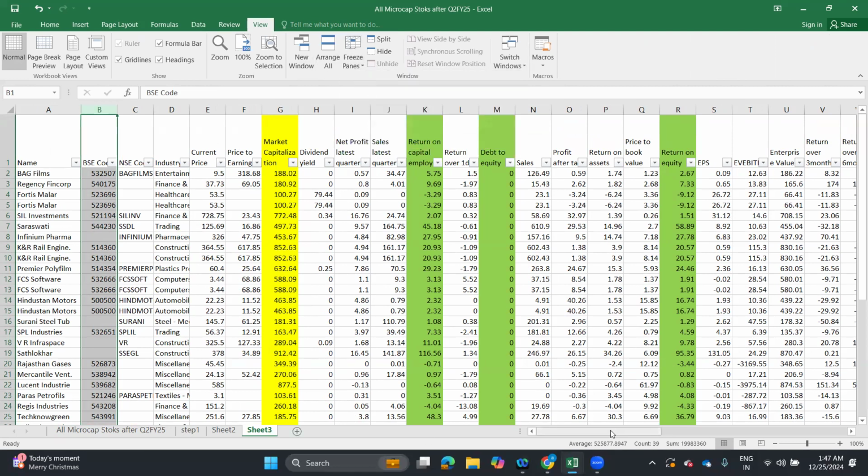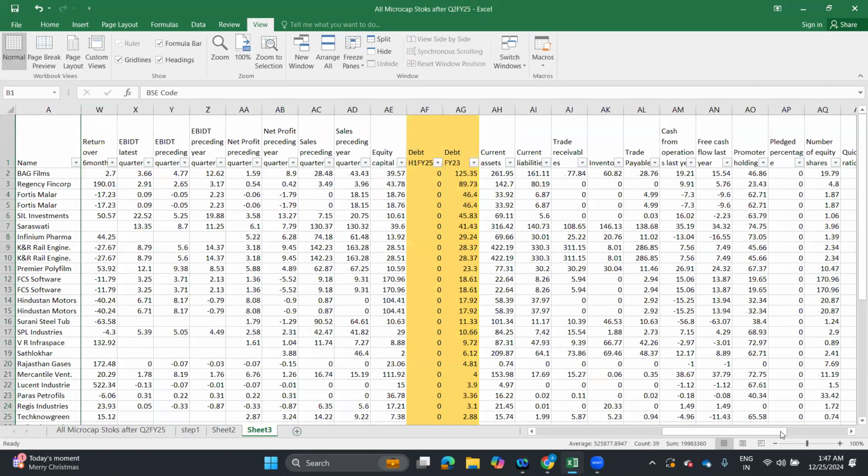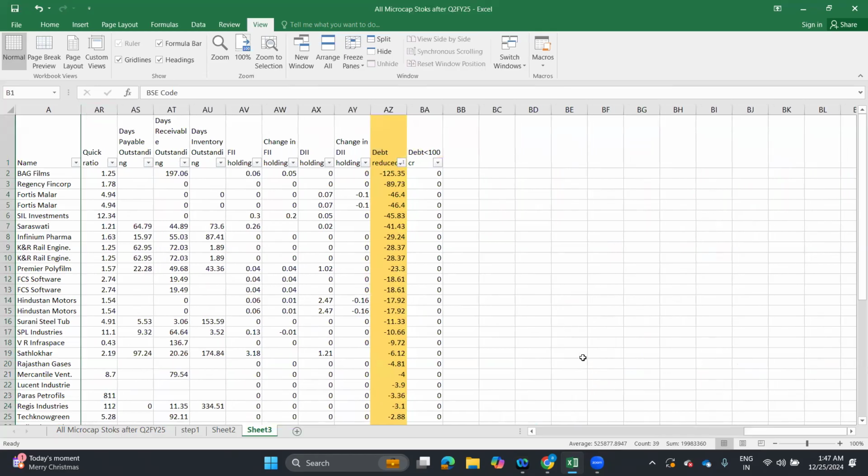So I've frozen the column to get a better view. Now I am moving this side and see Back Films, Regency FinCorp, Mortis Malar, SIL Investments.